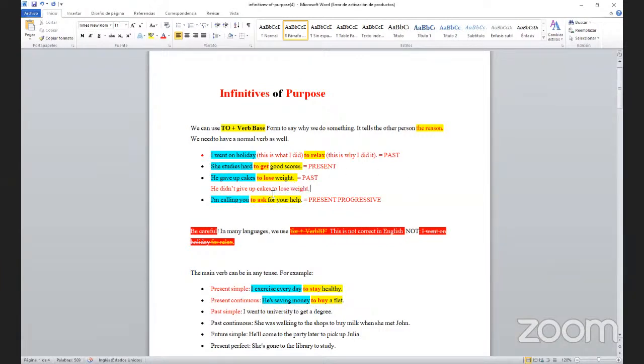So here, he didn't give up cakes, okay? So this is the sentence, this is the infinitive, and this is the complement in negative.